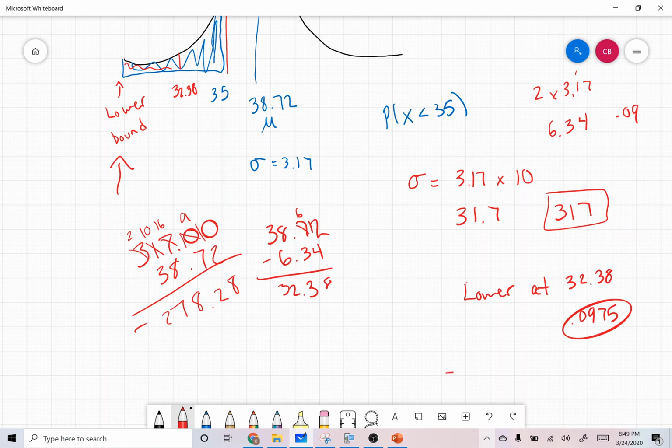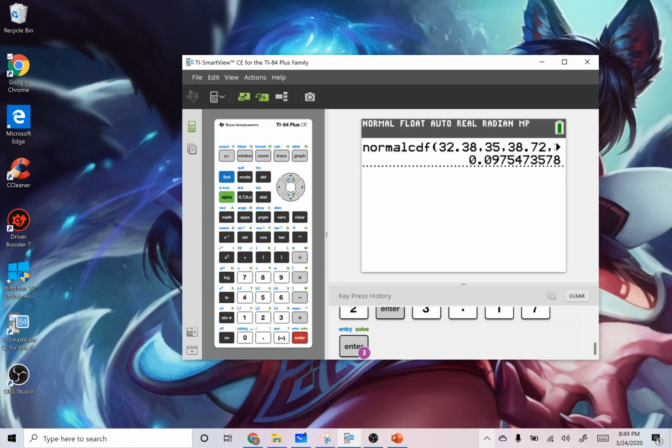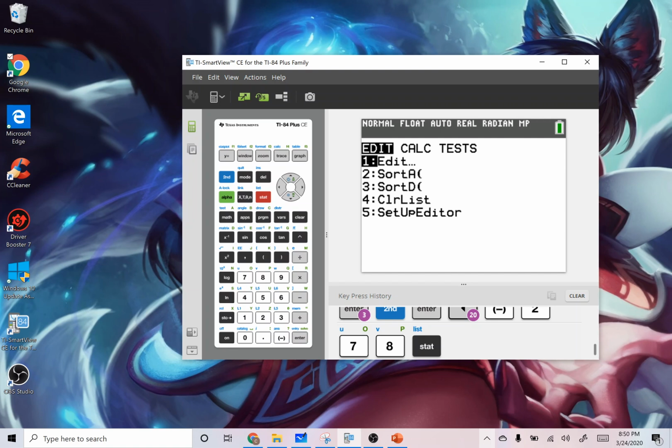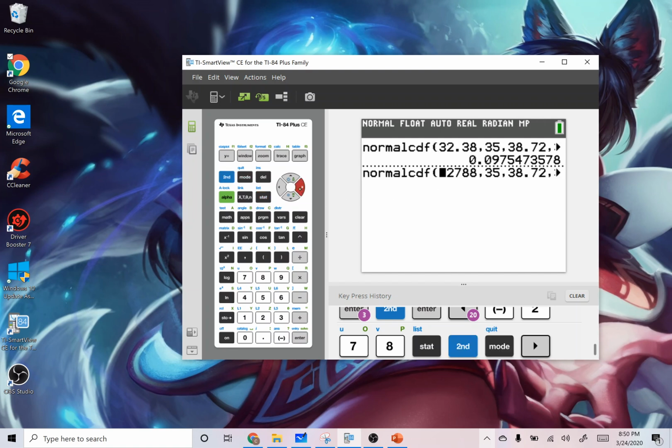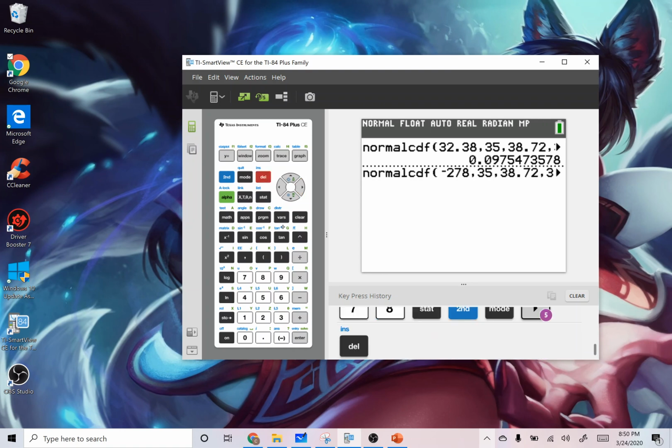So we use the lower at negative 278. I'll just leave it at that because that's pretty far. Negative 278. Enter. So you'll see that this is now 12 something.